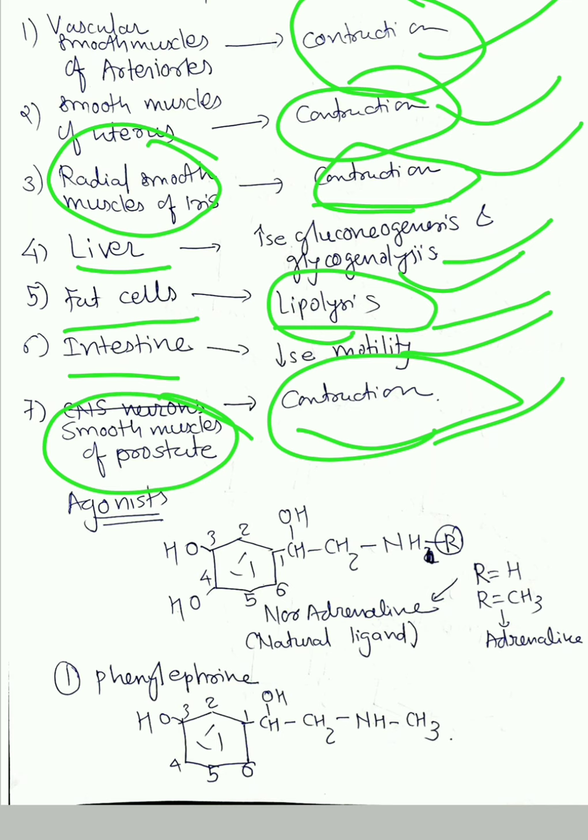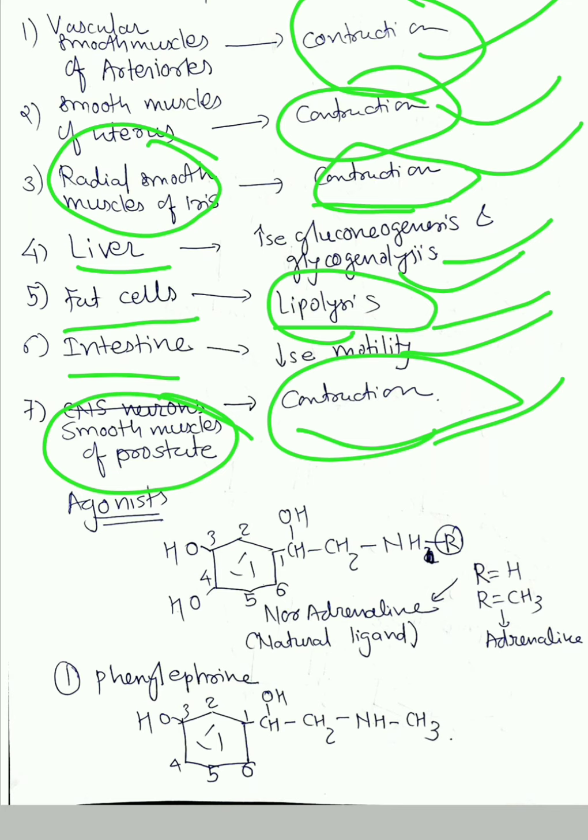Okay, so now we have seen type of receptor, transduction mechanism. Type of receptor is G protein coupled receptor. Transduction mechanism is IP3 DAG pathway, which I've told you earlier. Location and function also done. Next is agonist, and last one is antagonist.